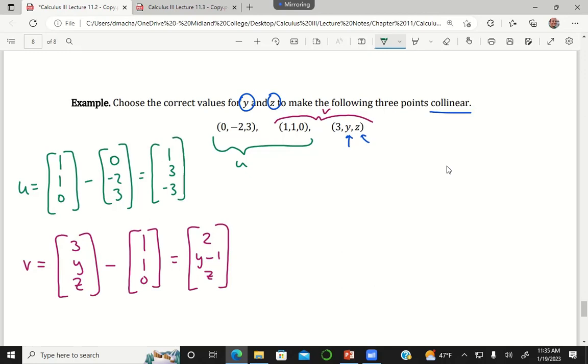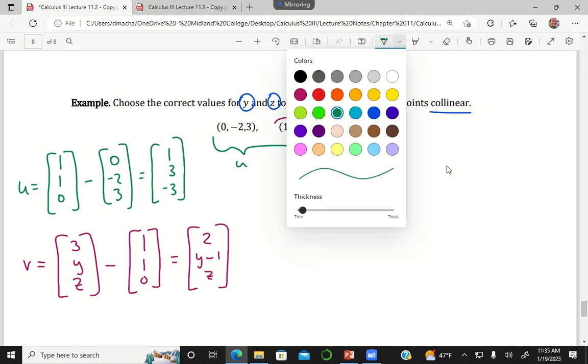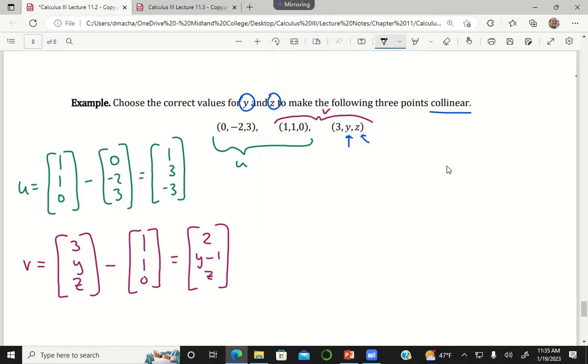Okay. I said this earlier, but if u equals kv, then these are collinear points. In other words, if that u vector is parallel to the v vector, then we know that those 3 points are collinear.